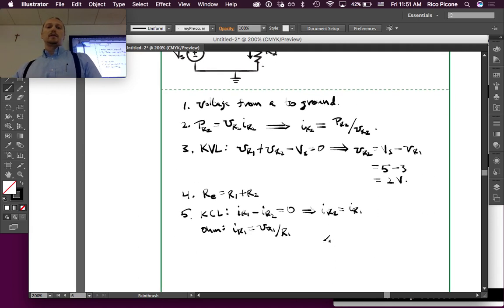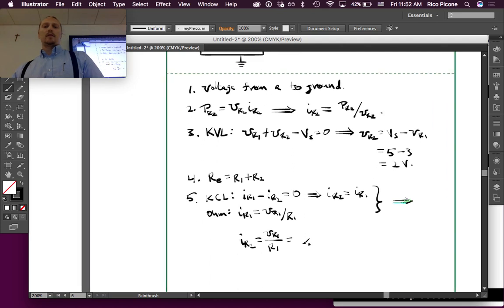So, if you take these 2 equations together, it implies that IR2 equals VR1 divided by R1. And we have those numbers. They are, what did I say? 3 volts and 100 ohms.